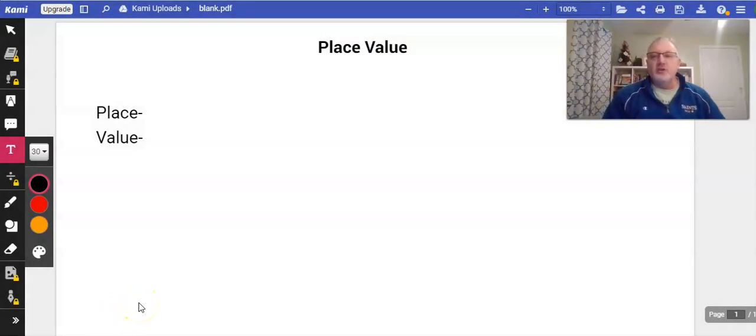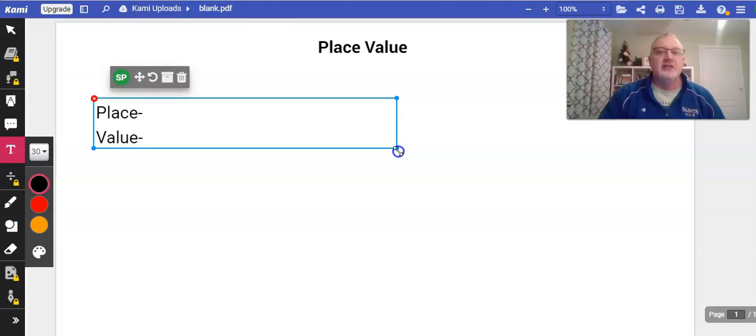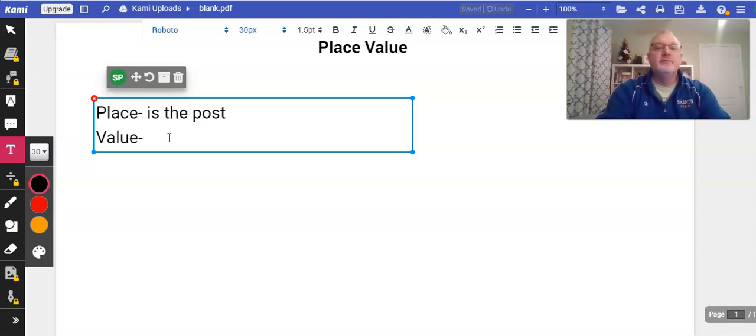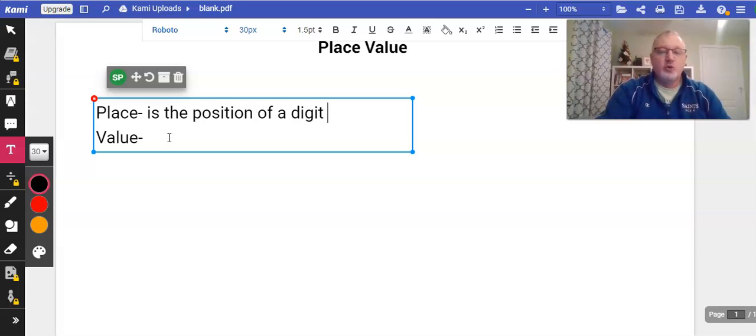Our place value lesson today is based on what is place and what is value. Before we get started, let's define these terms so that we know what that means. Place is the position of a digit. Is it in the ones place?